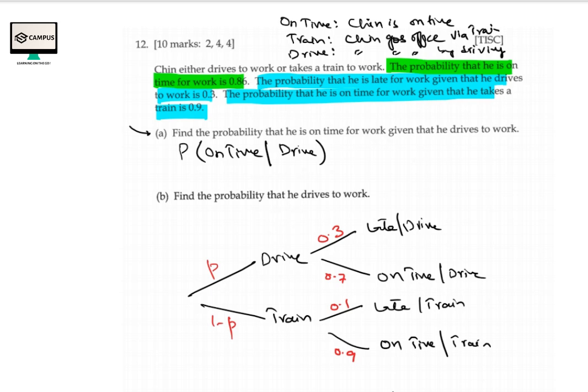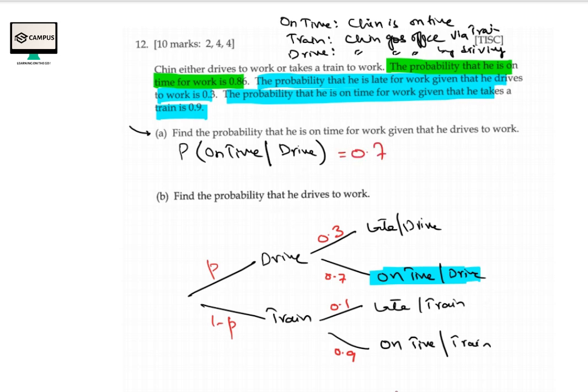So now, having drawn this tree diagram, let's move back to part A. We have to find the probability that he is on time for work, given that he drives to work. So this is nothing but this particular probability, right? The probability of on time given that he drives. This is equal to 0.7.